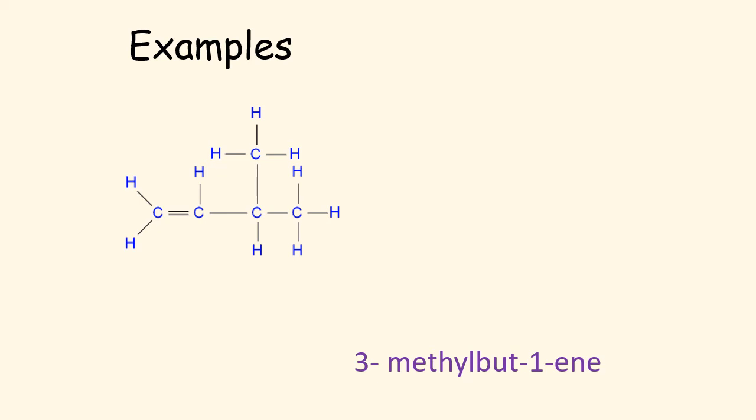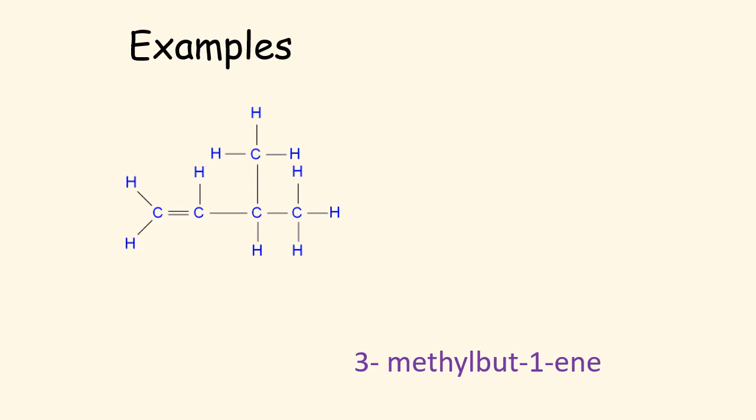That is 3-methyl-but-1-ene. So the longest chain containing the functional group is starting on the carbon on the left-hand side and counting across 1, 2, 3, 4. That tells us there's 4 carbons in the longest chain, so it's going to be based on but.